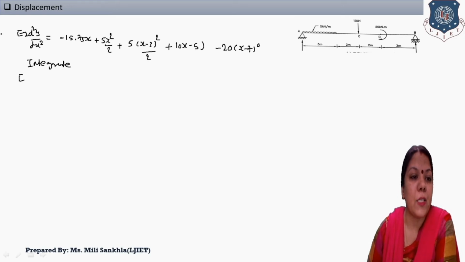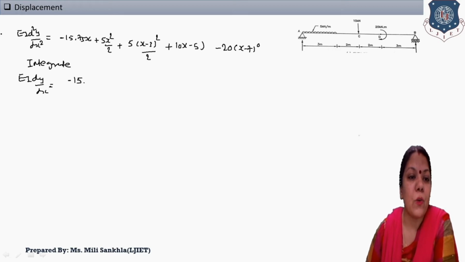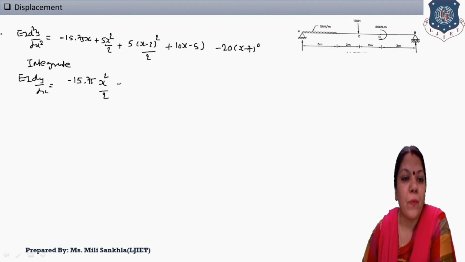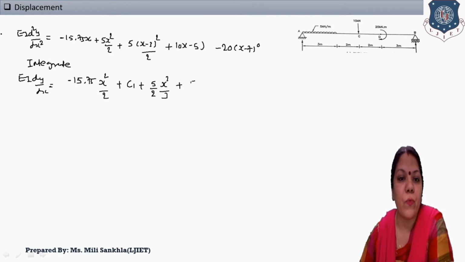Now what is the integration of d²y/dx²? That is dy/dx equals minus 15.75 times the integration of x, which is x² by 2, and add constant C1 in the first term, plus 5 by 2 times x³ by 3, then plus 5 by 2 times the integration of (x − 3)², which is (x − 3)³ by 3.